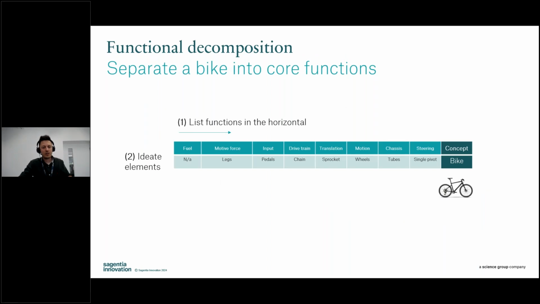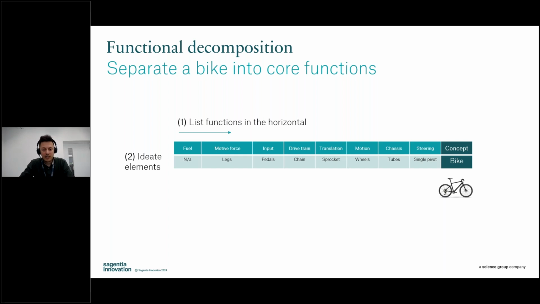So the first thing you need to do is a functional decomposition, i.e. we separate the bike into its core functions, and we can list those functions in the horizontal. So we have from the left-hand side here, there's fuel. Actually, in this instance, there isn't any fuel. The motive force is your legs. You do input of that force through pedals.